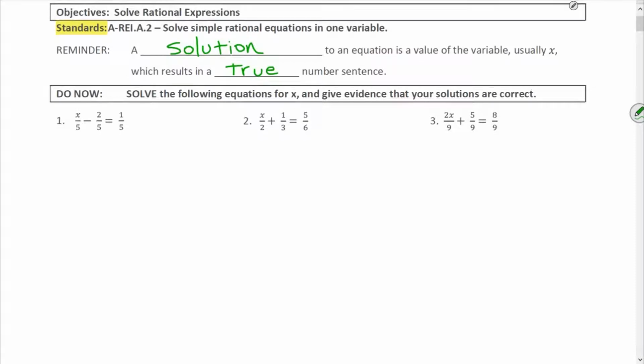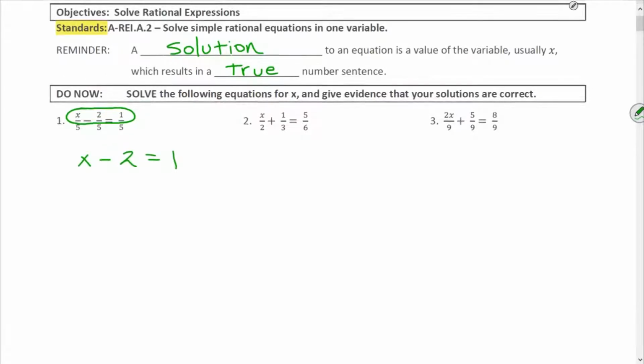In number 1, what number divided by 5 minus 2 divided by 5 is equal to 1? Well, the denominators are all the same. There's a common denominator, and so I can focus specifically on these numerators and ask myself, what number minus 2 is equal to 1?